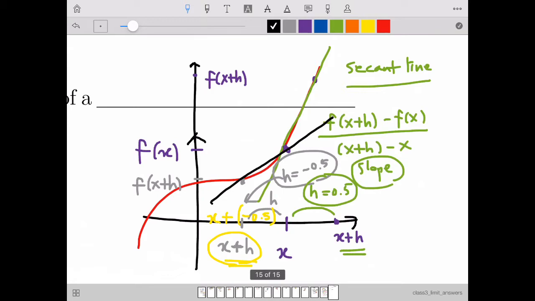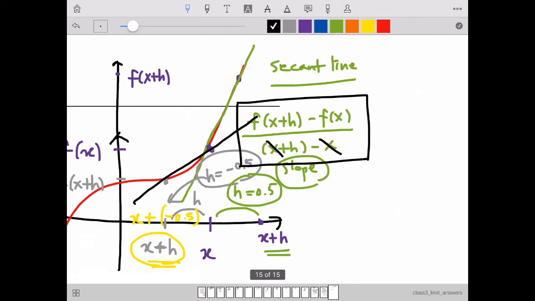So that is slope of the secant line. That expression tells us the slope of the secant line in either case. And I can further cancel x here and write that as f of x plus h minus f of x over h.